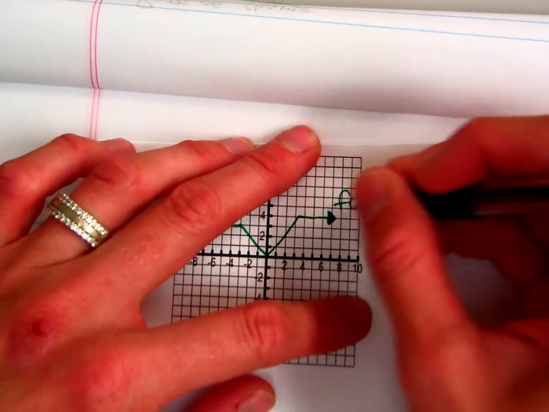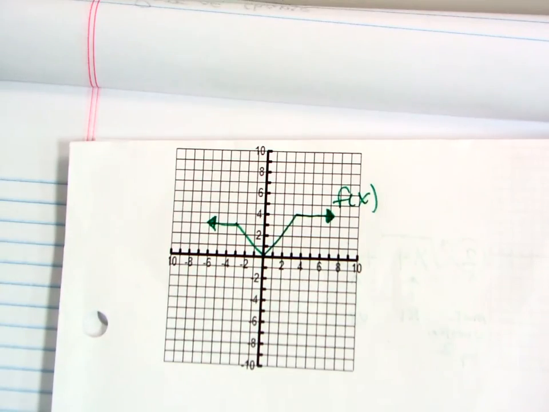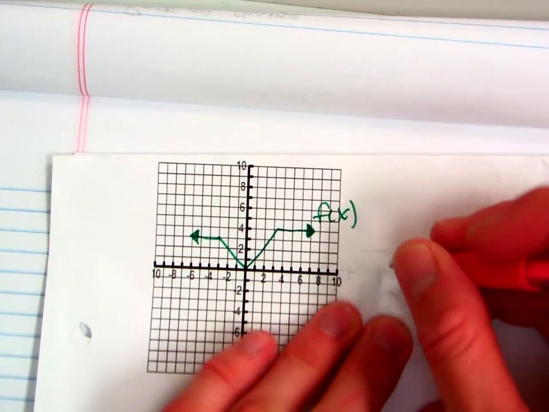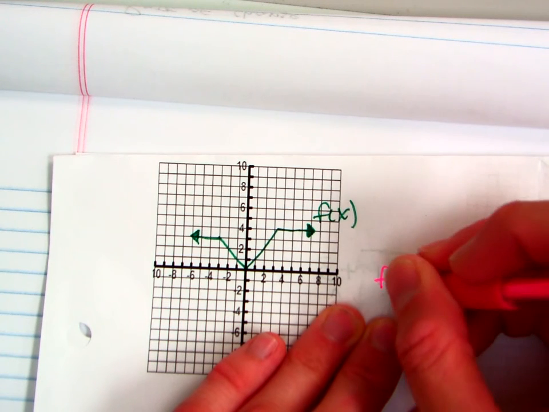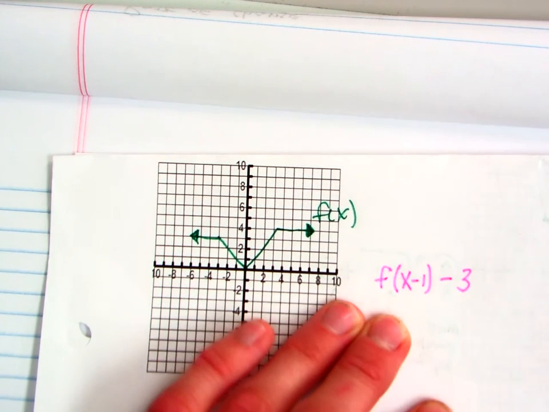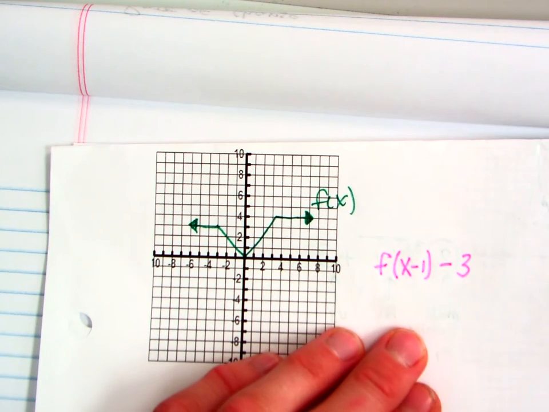And this is the function f of x. And let's say I want to sketch a graph on the same graph of the function f of x minus 1 minus 3. What would that look like?